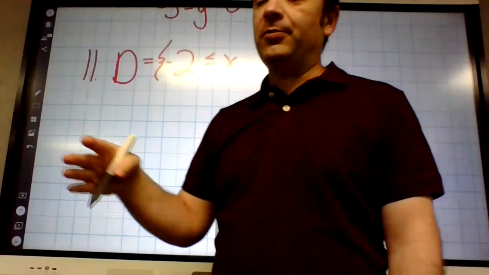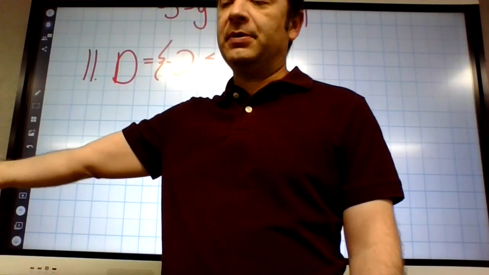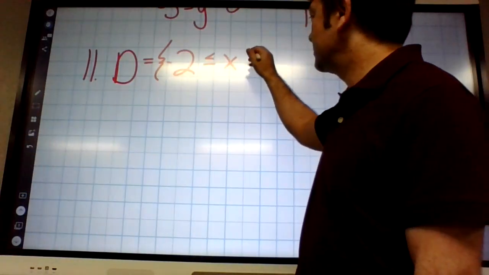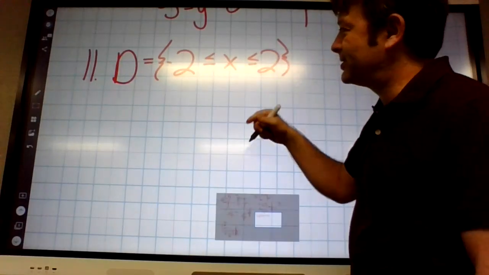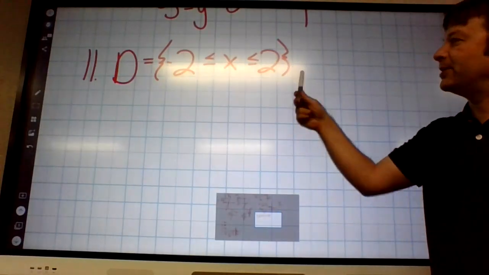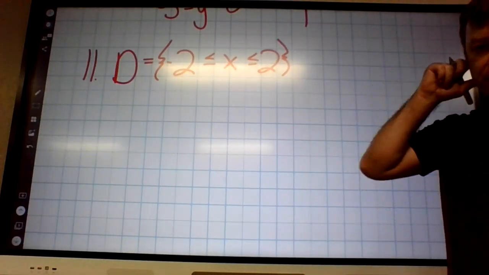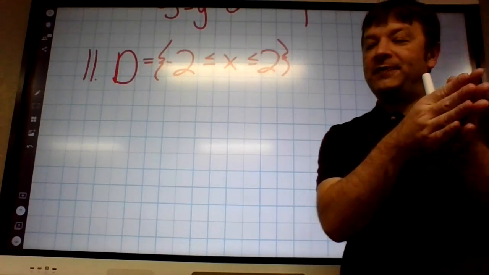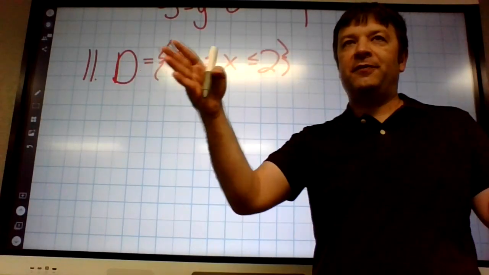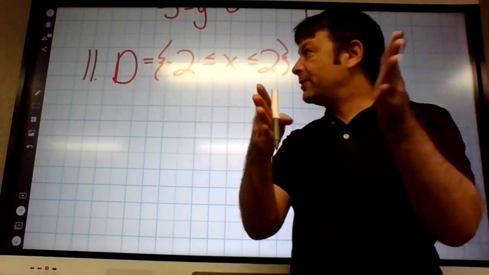And then how far right does the graph go? +2. The book always uses braces. I've kind of been skipping them, but that's what they wrote. All the x values between -2 and 2 are filled in, if you're thinking left and right.